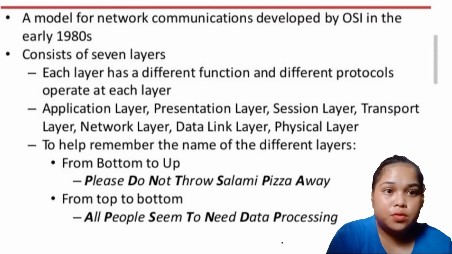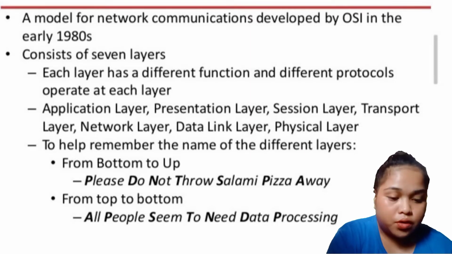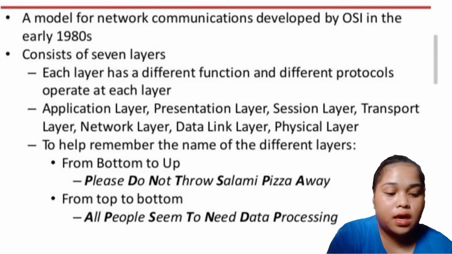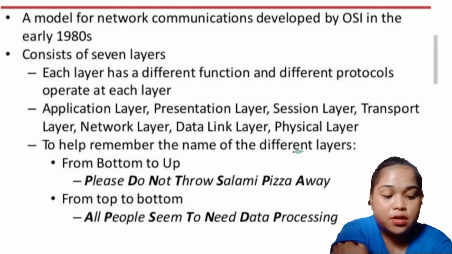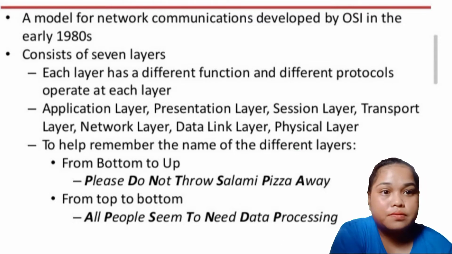We will move to OSI, the Open System Interconnection Reference Model, a model for network communications developed by ISO in the early 1980s. It consists of 7 layers. Each layer has a different function and different protocols operate at each layer: application layer, presentation layer, session layer, transport layer, network layer, data link layer, and physical layer.